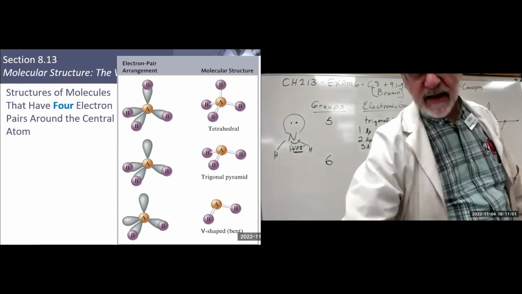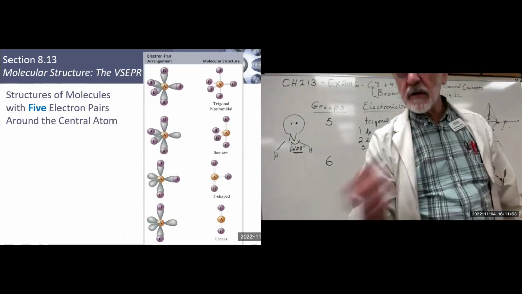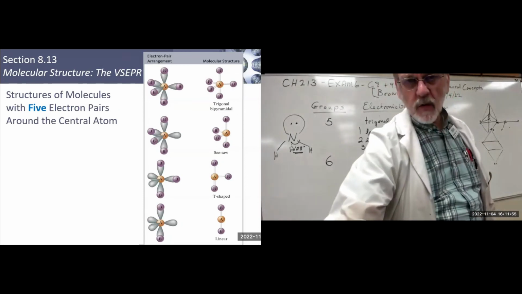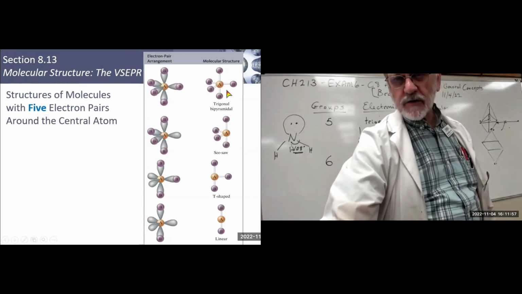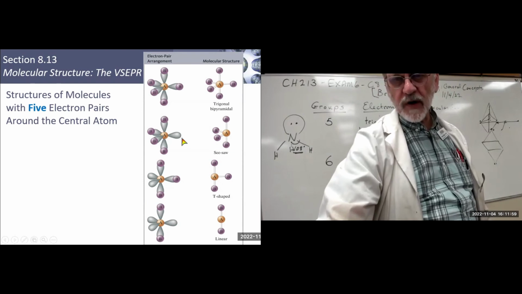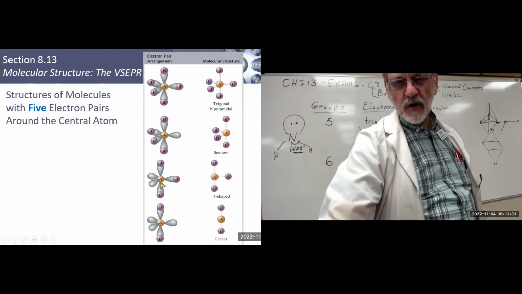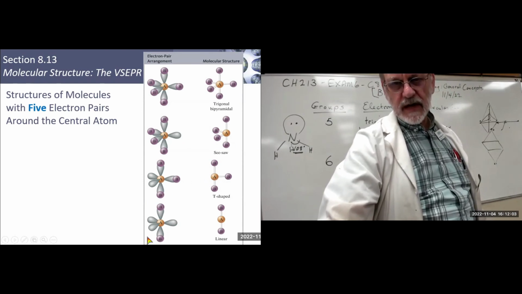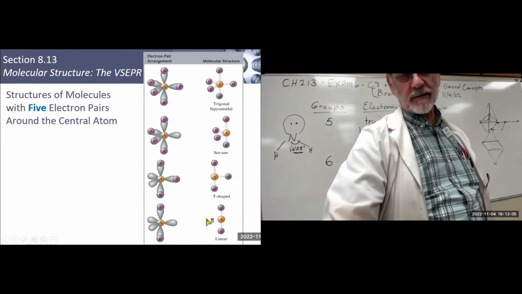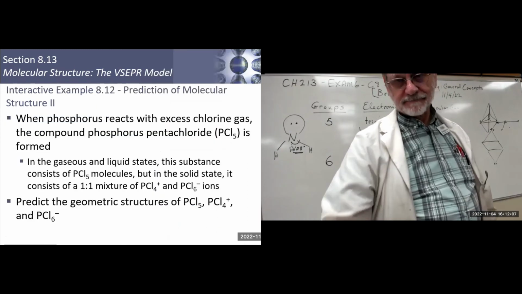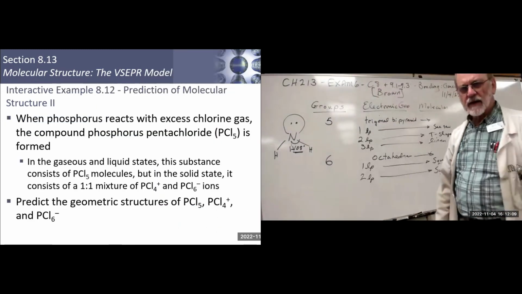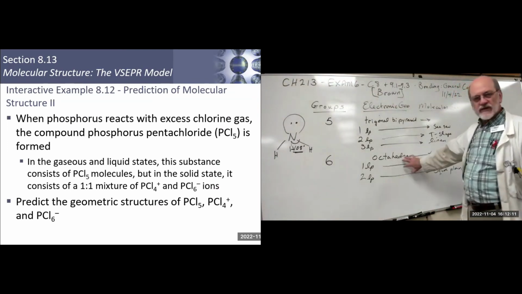Okay, let's see what else we got going for us. Okay, here we go, there's trigonal bipyramid. One lone pair makes a seesaw, two lone pairs makes a T-shape, and three lone pairs makes linear. All right, so we're not gonna beat this horse anymore.